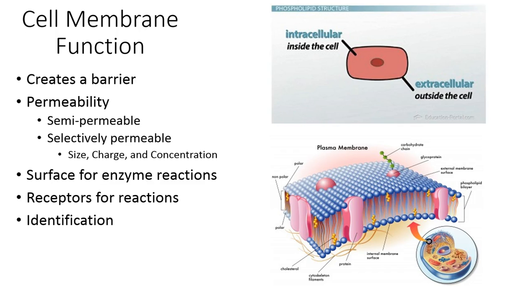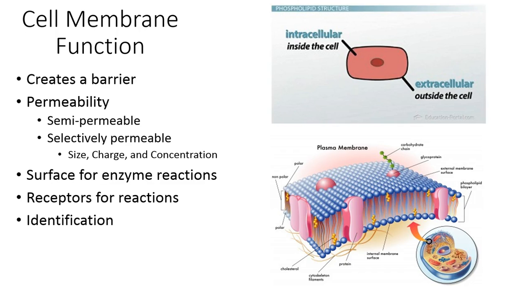The other thing that it does is it maintains permeability. When I talk about permeability, I'm talking about whether or not something can pass through a substance. For things that are permeable, that implicitly says that anything can pass through it. But when it comes to cells, that's not the case. Not everything can just waltz in. So we describe the cell membrane as being semi-permeable, or we say that it is selectively permeable.